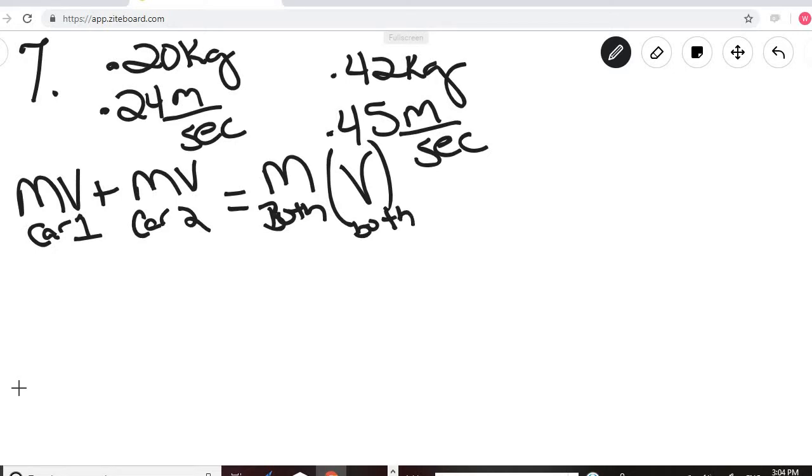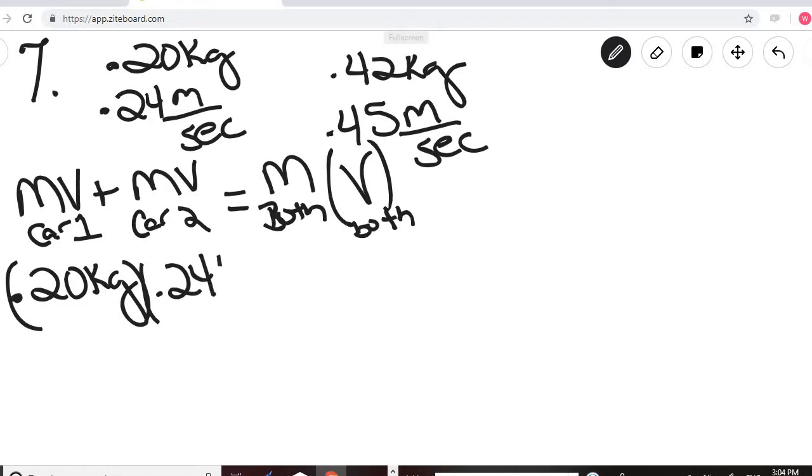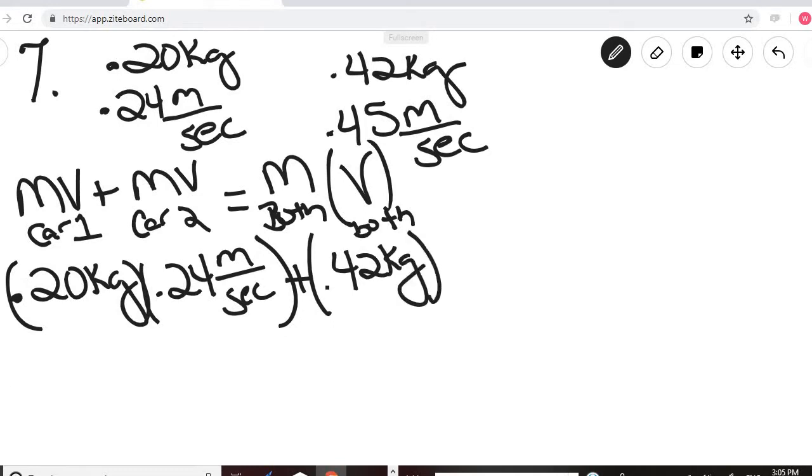Okay, so the mass of car 1 is 0.20 kilograms times 0.24 meters per second plus car 2, 0.42 kilograms times 0.45 meters per second.